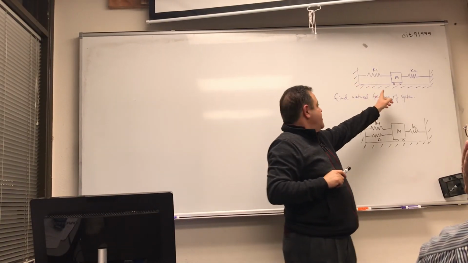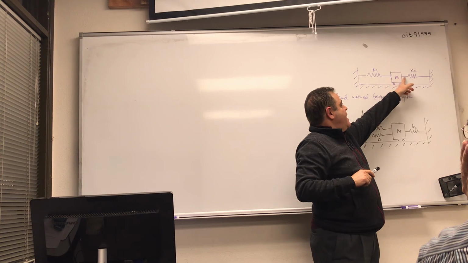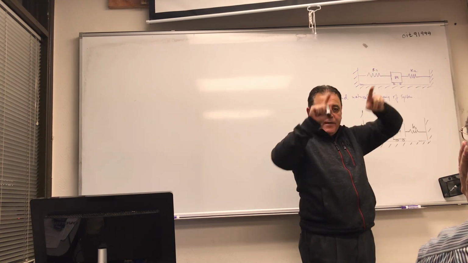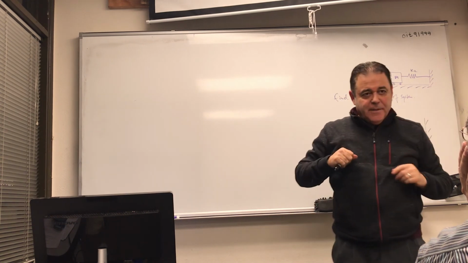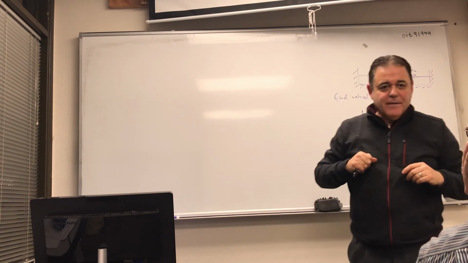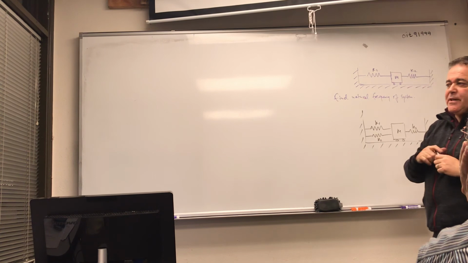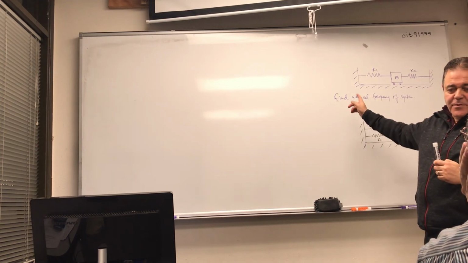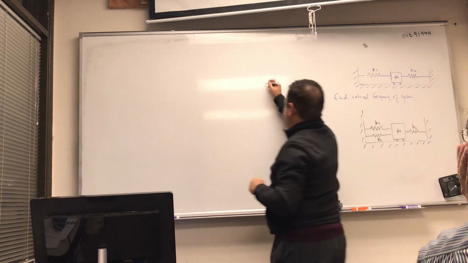So you're going from the mass to the ground and to the ground. It's almost like having those two in series with the mass, but it's not going to be a softer spring. It would have been in series if you had this.